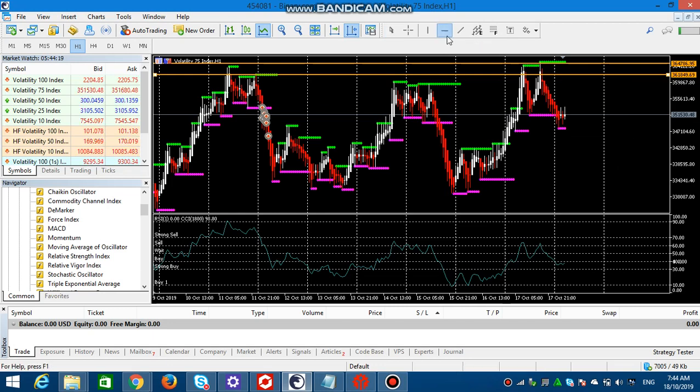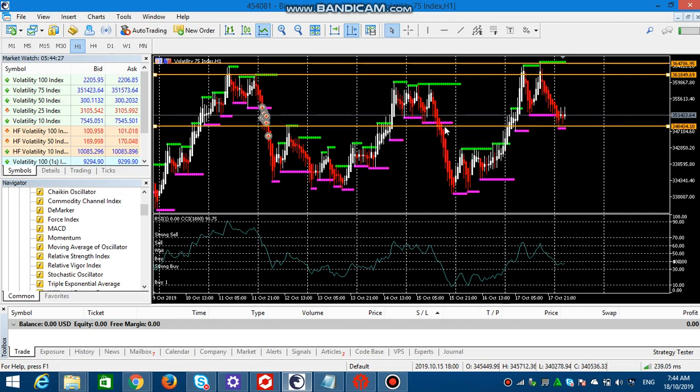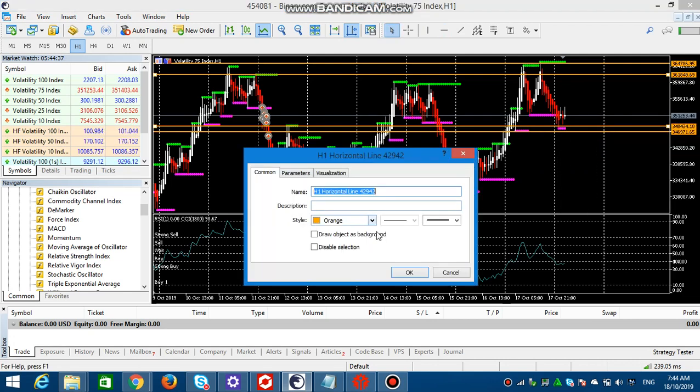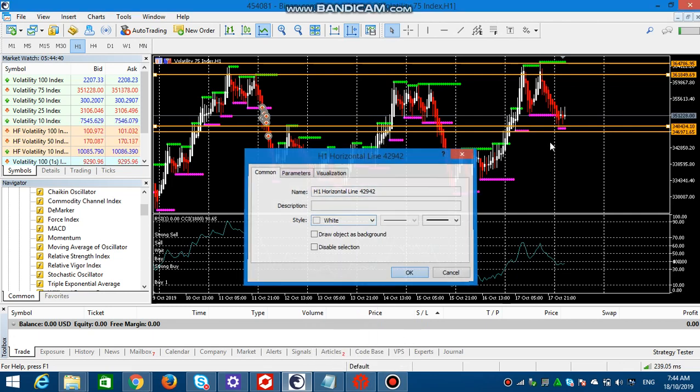Let me mark support, because the price is now down. This purple here, this area is support. Let me make it a different color. Let me make it white.